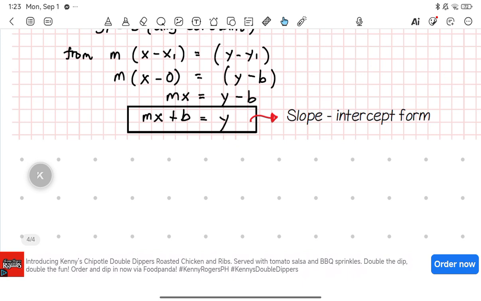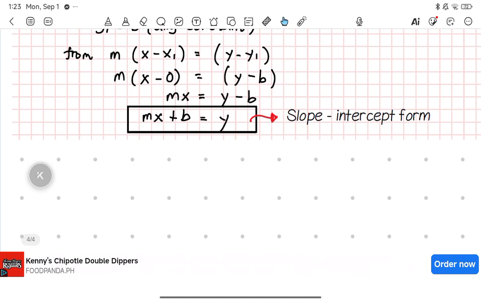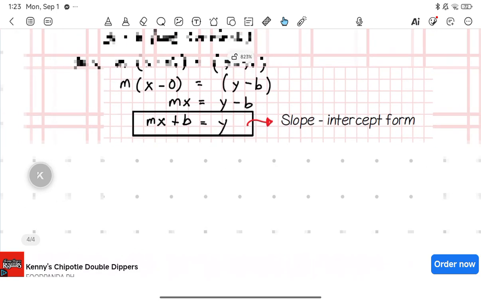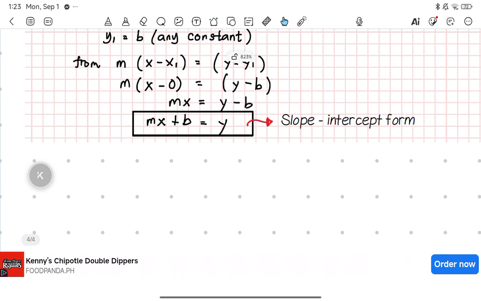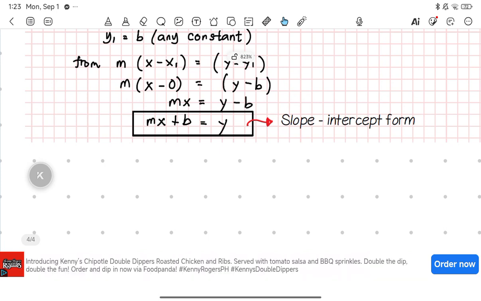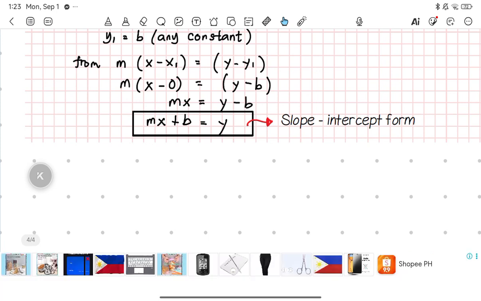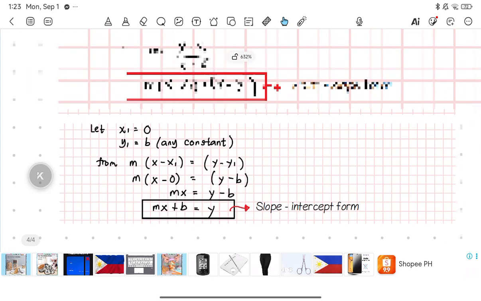And ibabalibag natin sa kabila yung b. So, you will have mx plus b is equal to y. And this formula is what we call the slope-intercept form. So, this can also be used for calculations na merong intercept doon sa equation, tapos may slope na given. Pwede mo yung magamit. Okay, so additional information.